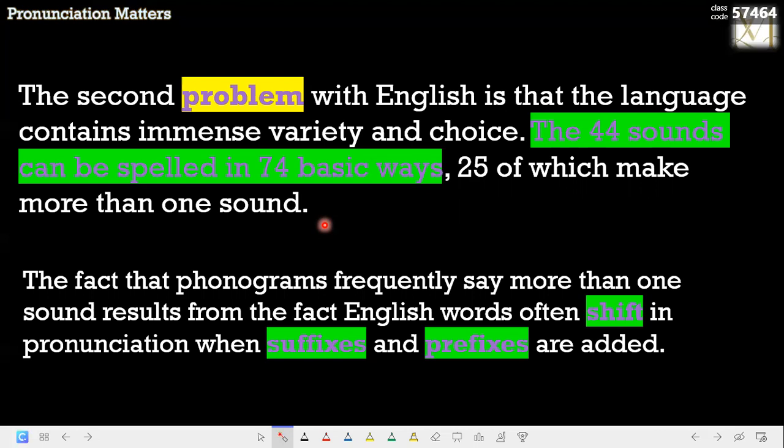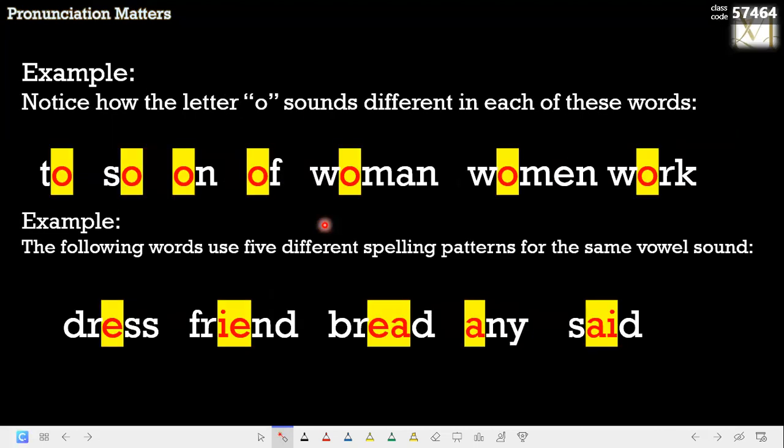Not only does the meaning of the word change, but also the pronunciation of the word itself changes because of the added suffixes and prefixes. We are going to have a look at some examples of how the same letter could be pronounced in different ways according to the added suffix and prefix or the syllables of the word.